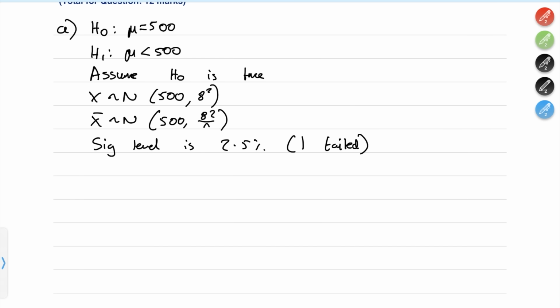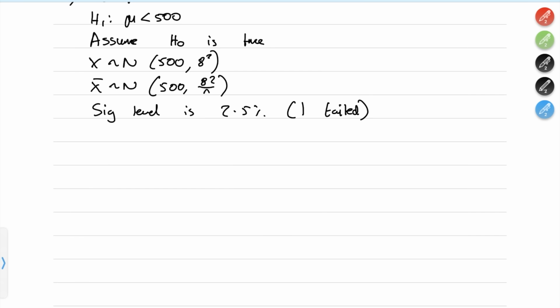So I know that I'm going to have to reject. If we use the tables, we can see that at the 2.5% significance level, we reject if the z-score is less than minus 1.96. Okay?